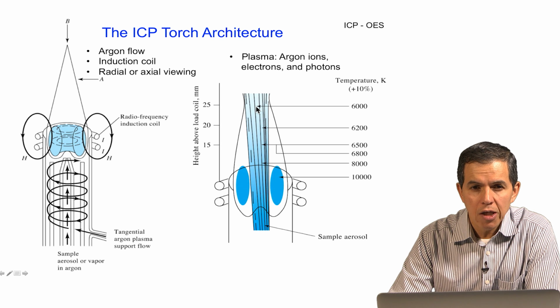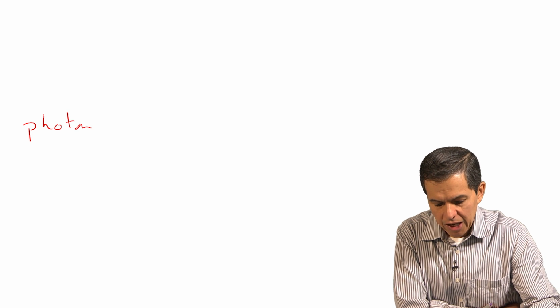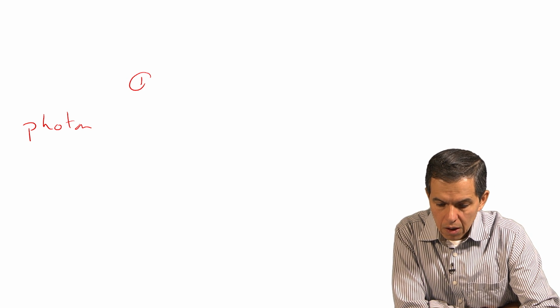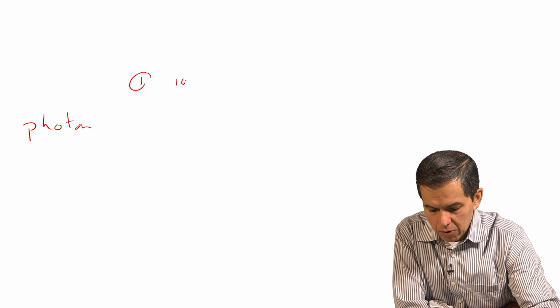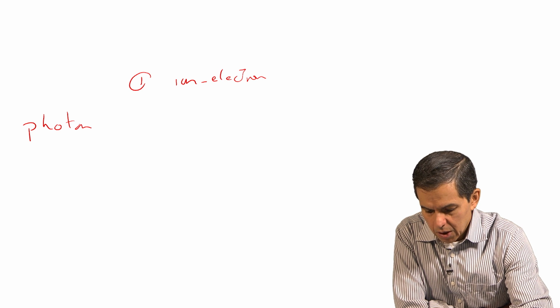We also see changes in the plasma that are important to describe from the point of view of its photon composition. The photons that are produced in the plasma could be of three types. One, they could be photons resulting from the ion-electron recombination.